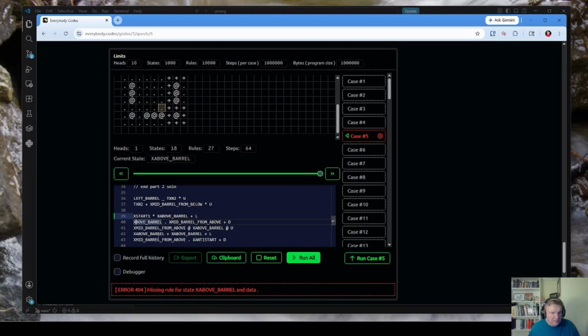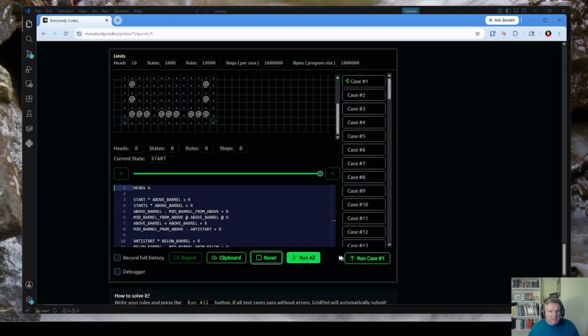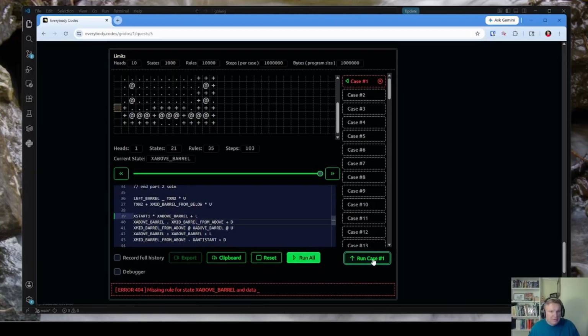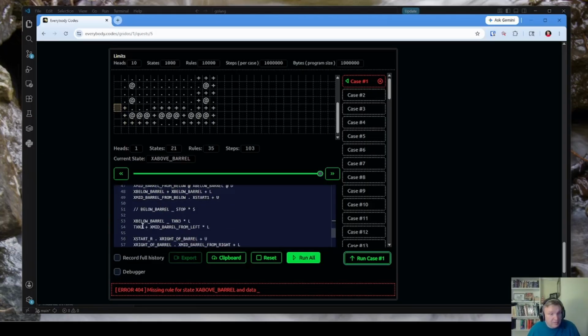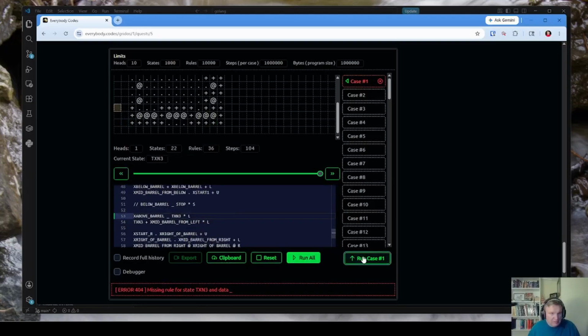Oh, that should be X above barrel. Reset. So here, instead of this, it's above. Reset, run case 1.